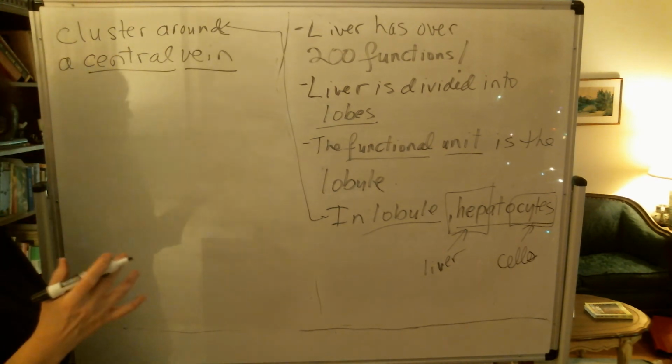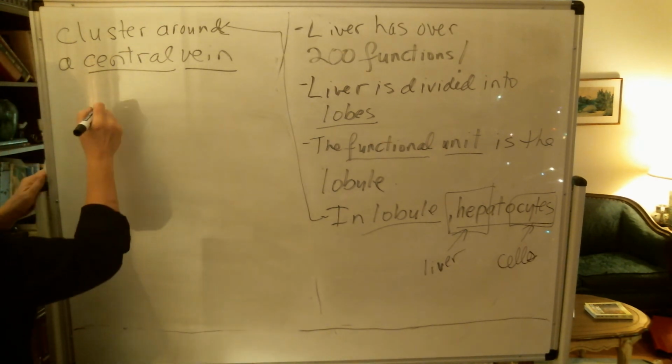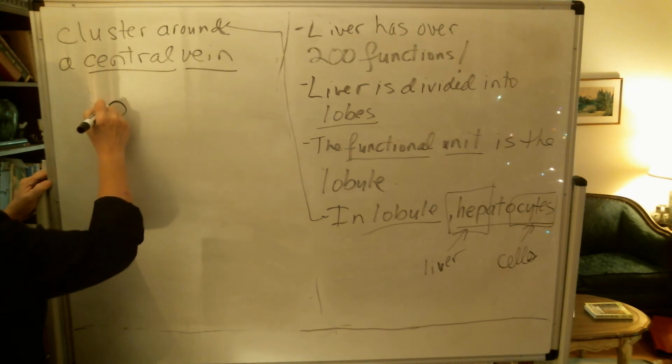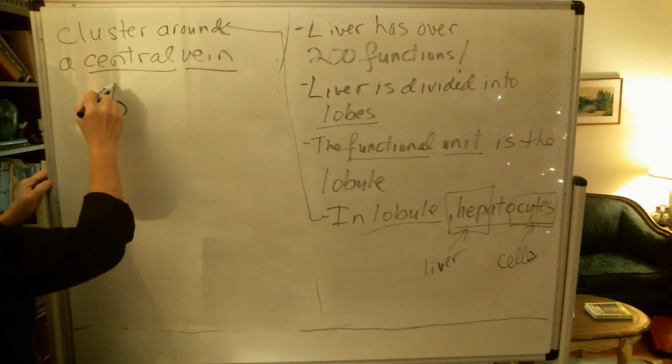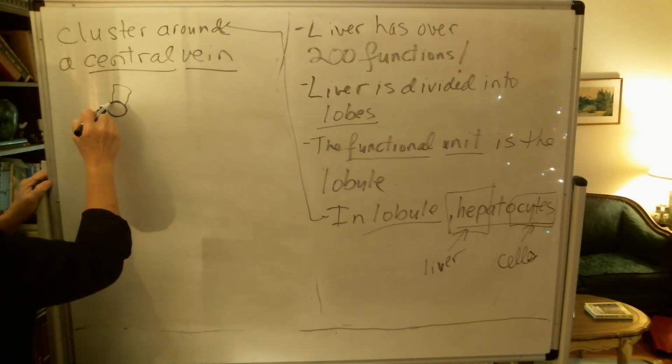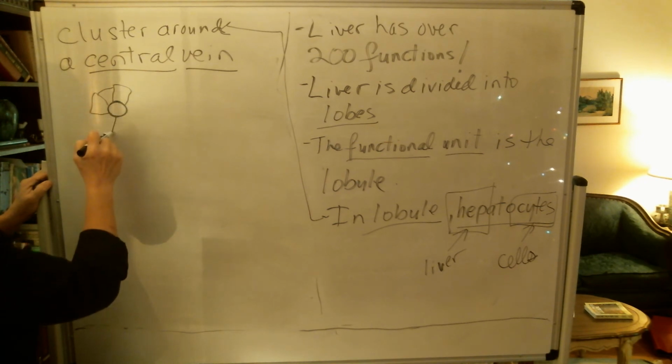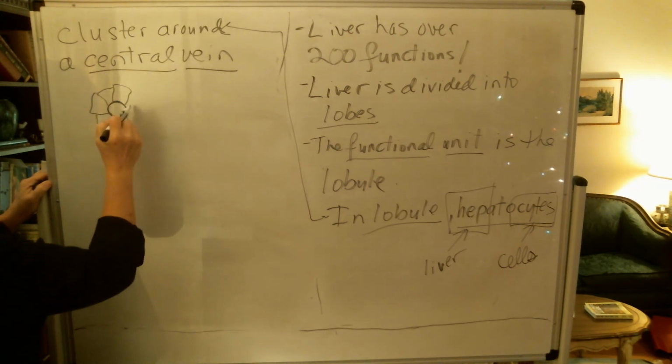The arrangement looks a little bit like bone. So you will have the central, very tiny vein, and then around it, almost sort of daisy fashion, you will have cells clustering around.